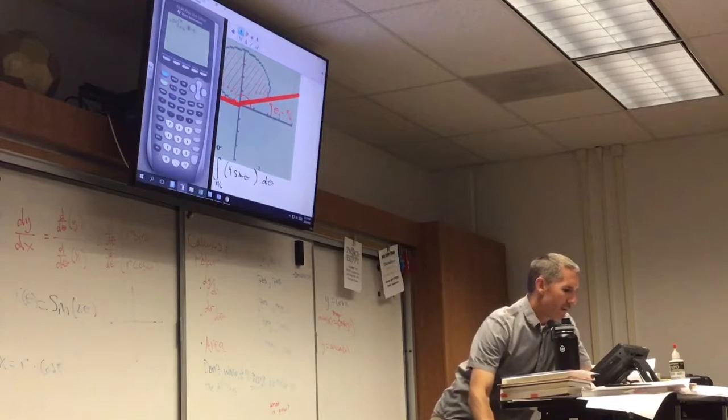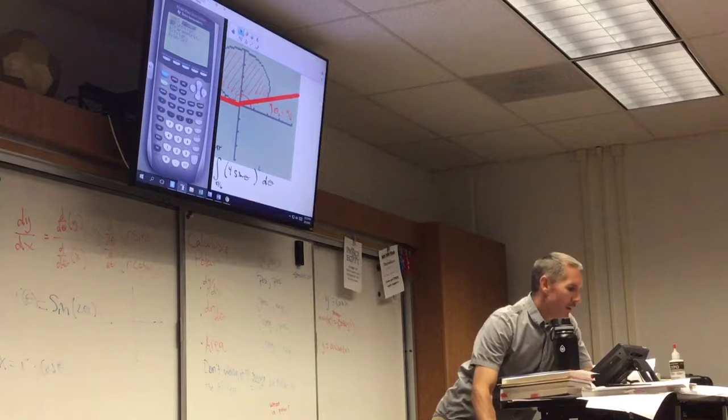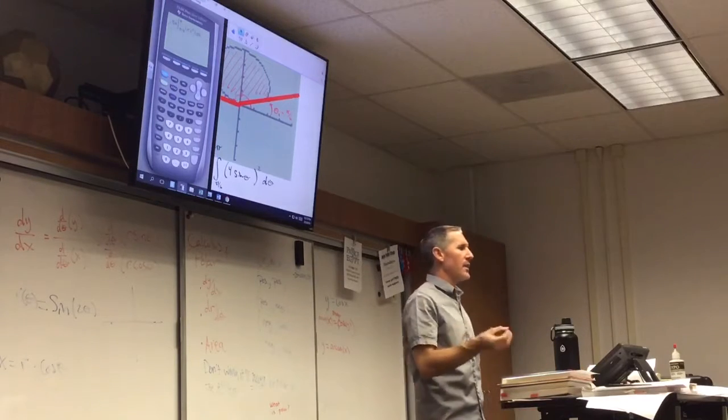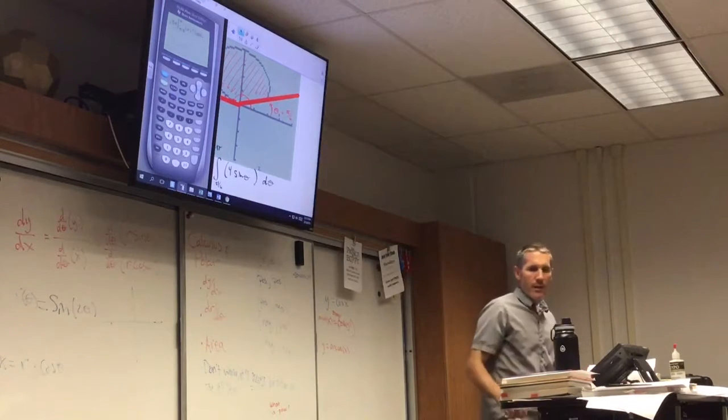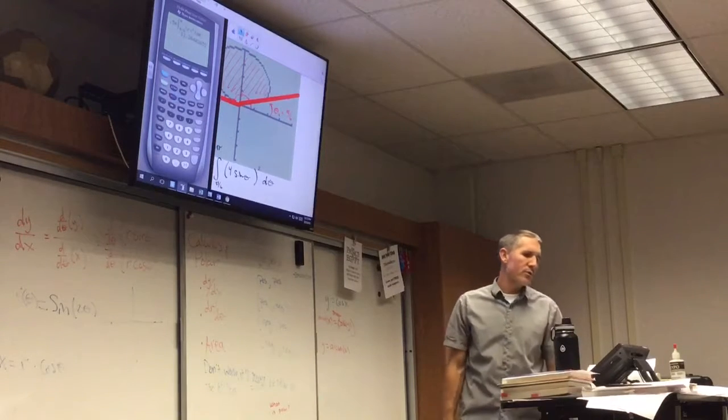So I do this. Vars, Y-vars, not function, but polar, r1 squared. d, you just hit the variable button and it knows theta because you're in polar mode. And you hit equals, and it's going to give you 12.204.